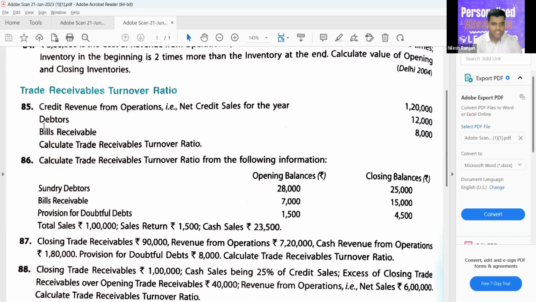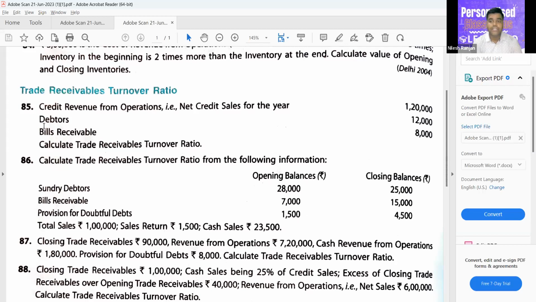Now total sales is given, sales return is given, cash sale is given. So which one do we have to use? We will subtract cash sale from total sales.